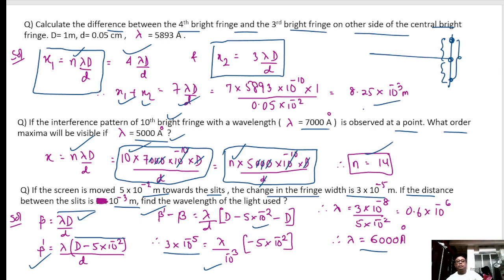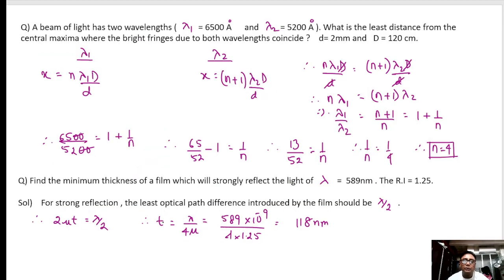Next, we use a beam of light which has two wavelengths, this and this. What is the least distance from the central maxima where the bright fringes due to both coincide? d is given.